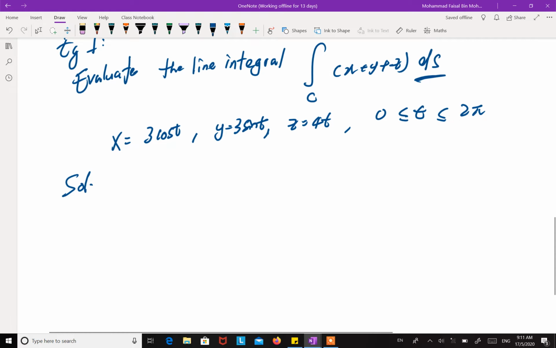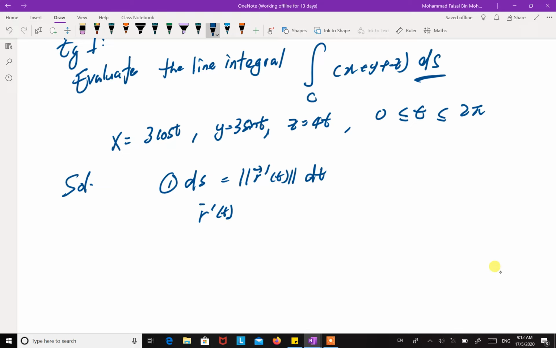So you have to find first ds, that is the magnitude of r prime t dt. Then your r prime t in vector form will be x prime, y prime, z prime.